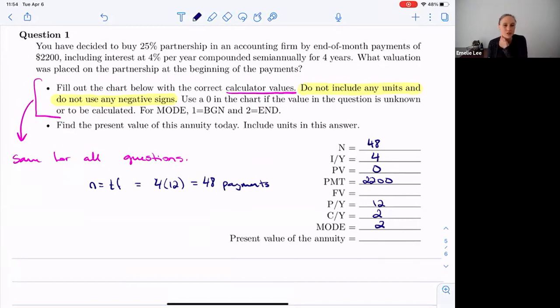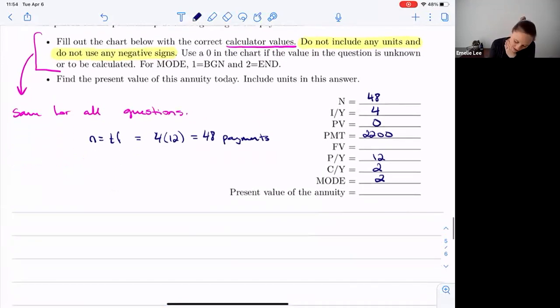The future value, if I've paid this thing off, should be 0. Okay, there, we've done all our calculator entries. So now it's time to actually do these entries on our calculator to find the present value.